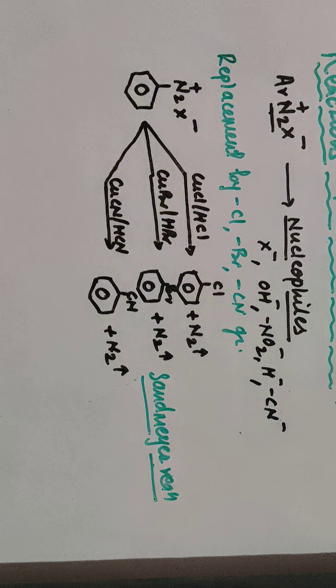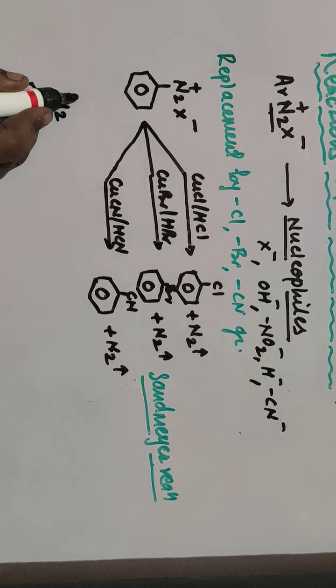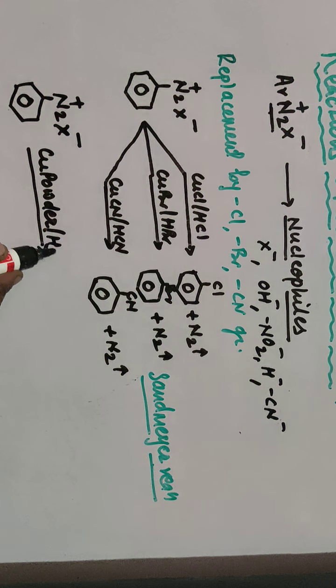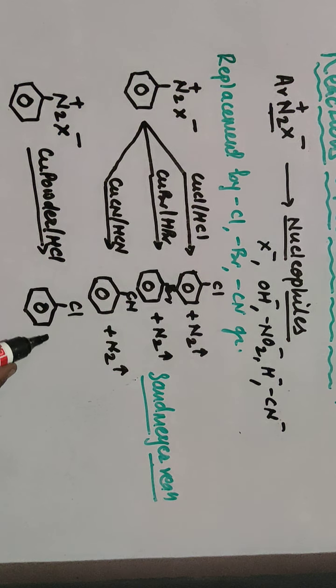When the same compound, that is a diazonium salt, I'll write here C6H5 N2 plus X minus, is treated with copper powder instead of cuprous chloride, copper powder and HCl, then here also you will get chlorobenzene with nitrogen gas.